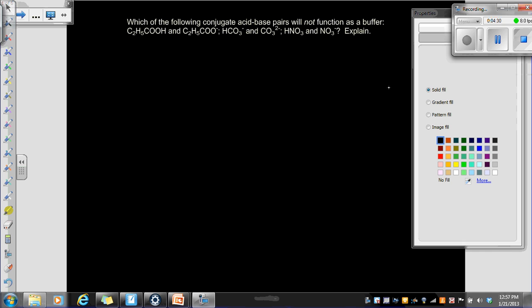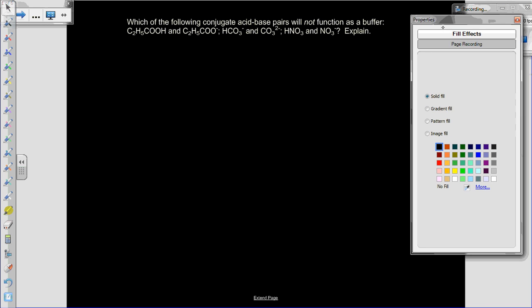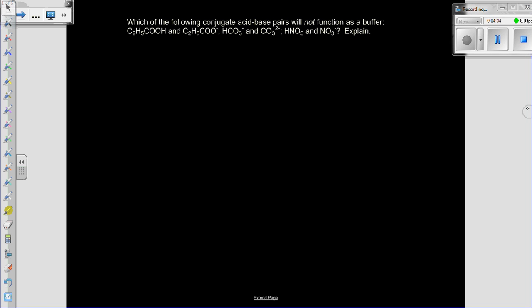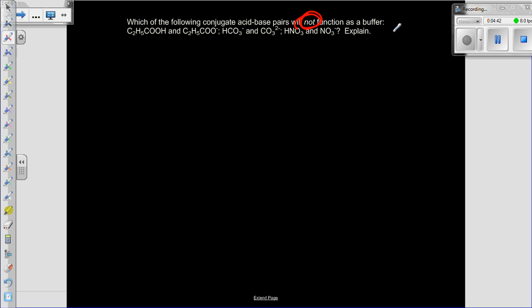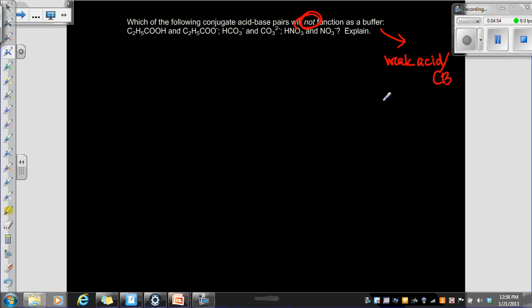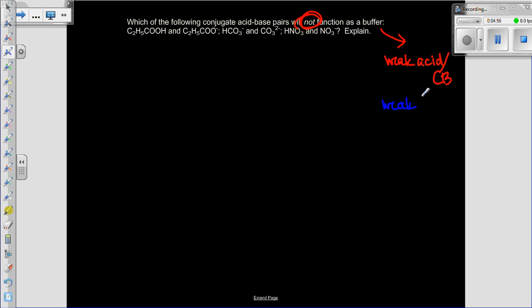Okay, so with that in mind, now I want to look at an example. Which of the following conjugate acid-base pairs would not function as a buffer? If we remember that buffers are going to contain a weak acid and its salt, which is its conjugate base, or a weak base and its conjugate acid, let's look at these.